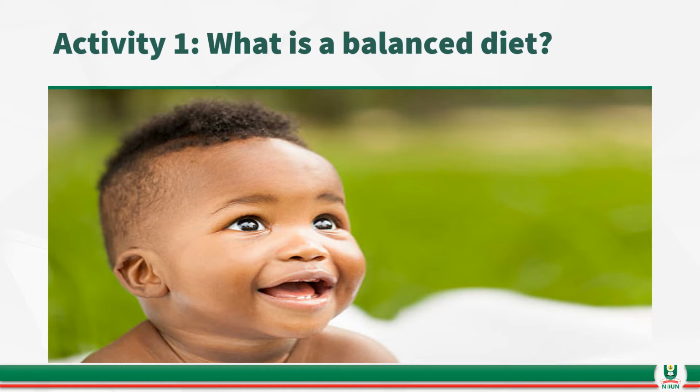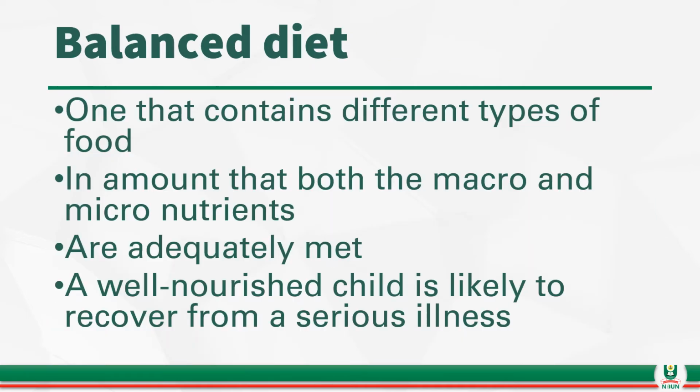So this brings us to what is a balanced diet? A balanced diet is one that contains the different types of food. You have different types of food, whether it is rice you want to eat, whether it is beans you want to eat, whether it's vegetables you want to eat. Those are different types of food.